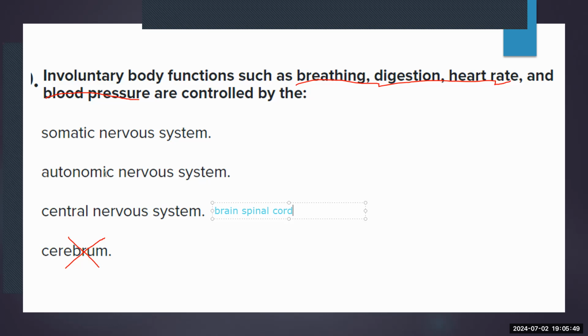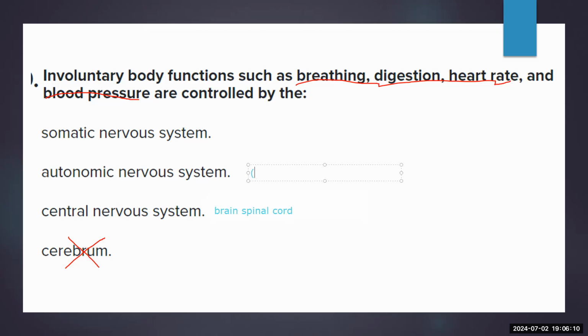Would that be like automatically? Yeah, it kind of looks like automatic, right? These are the parts of your nervous system that work automatically. They don't require any thought or effort on your part. Do you think breathing, digestion, heart rate, and blood pressure would fall under this category? Yes, I think so.